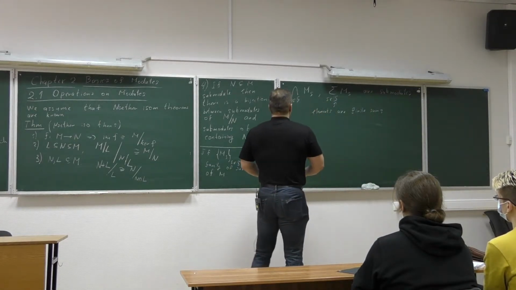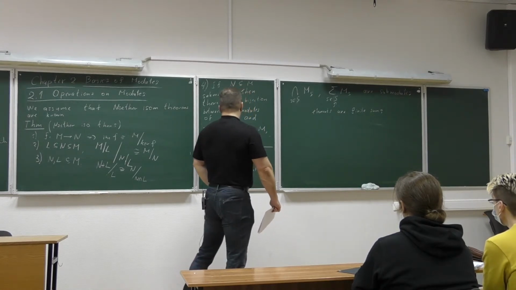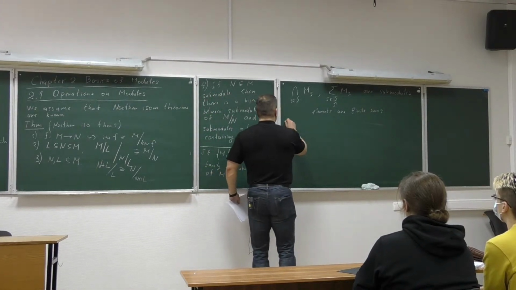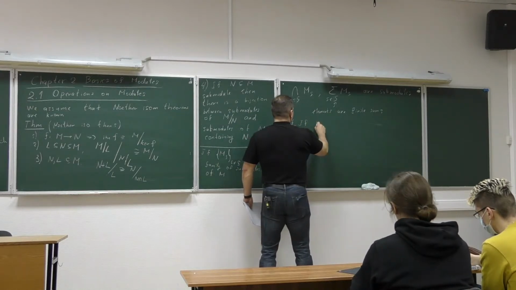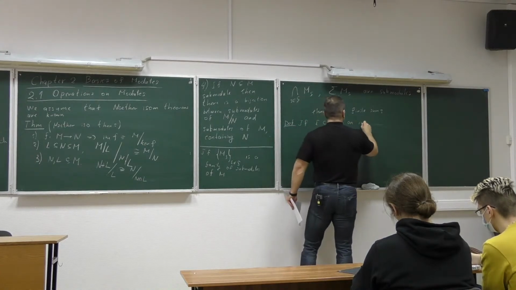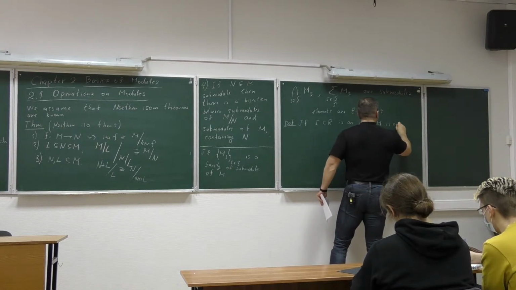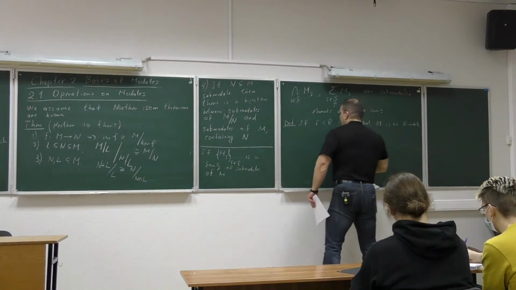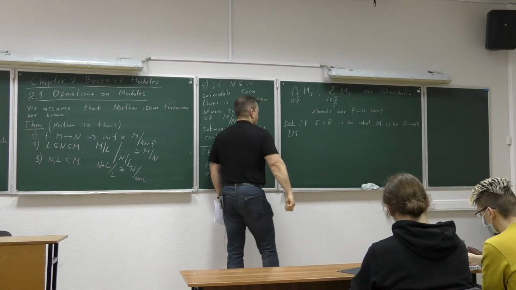Now, of course, if you compare this with the ideals, for ideals we also have the finite products. Of course, for modules it doesn't make sense to talk about finite products, but at least we have an operation, maybe a new one, the product of an ideal and a module. So if I in the ring R is an ideal, and M is an R-module, then we can define the product of this ideal and the module, IM.